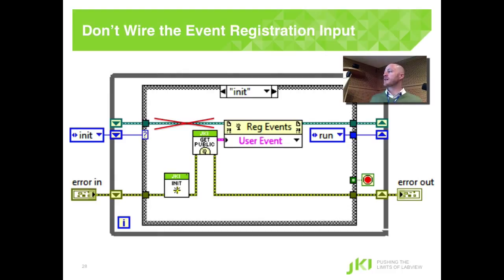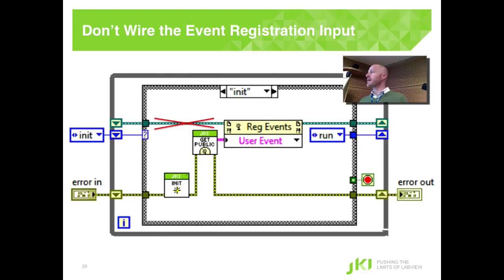Okay, now the gotchas for doing it in the state machine mode. In the initialization, you don't want to wire this input. The code should work correctly, but at runtime, the problem here is that if you wire the input, when you start to change the event registration, it won't propagate type out the right-hand side. This register for events is sort of an overloaded node. It serves both as a re-registration or change registration and a create registration.